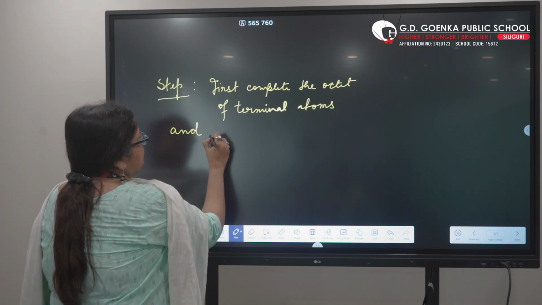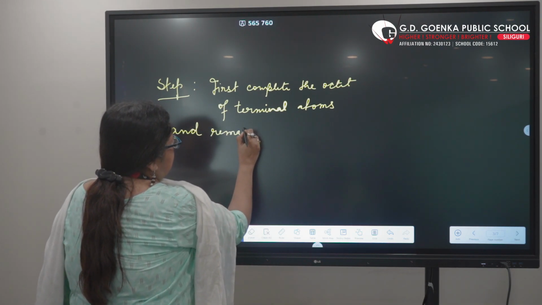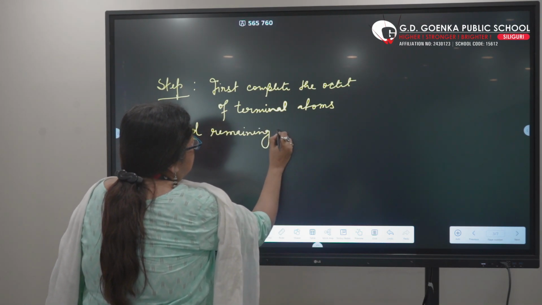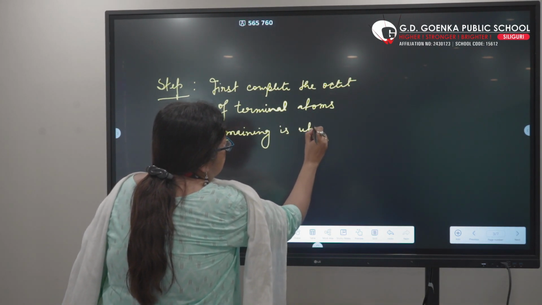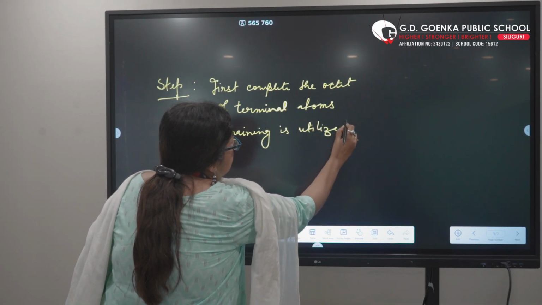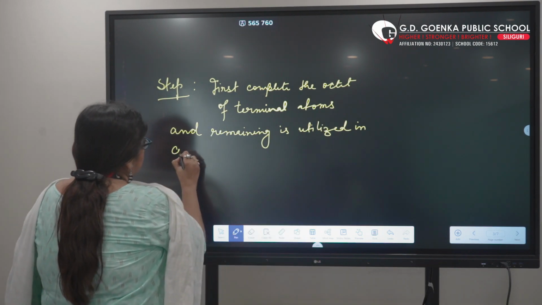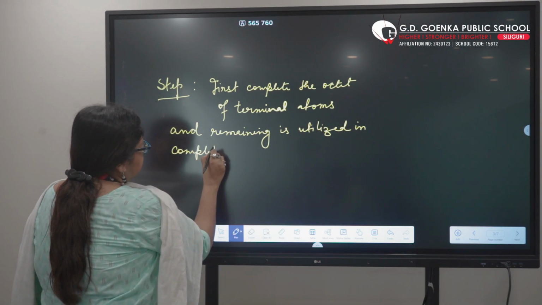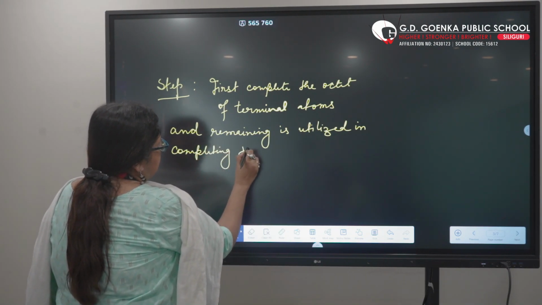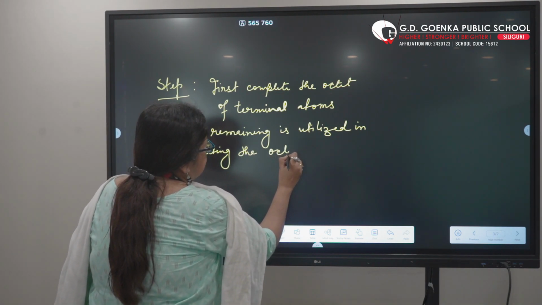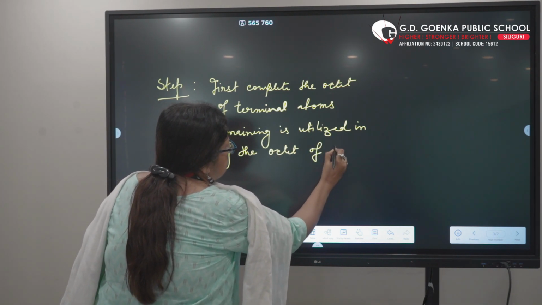And then the remaining will be utilized in completing the octet of the central atom.